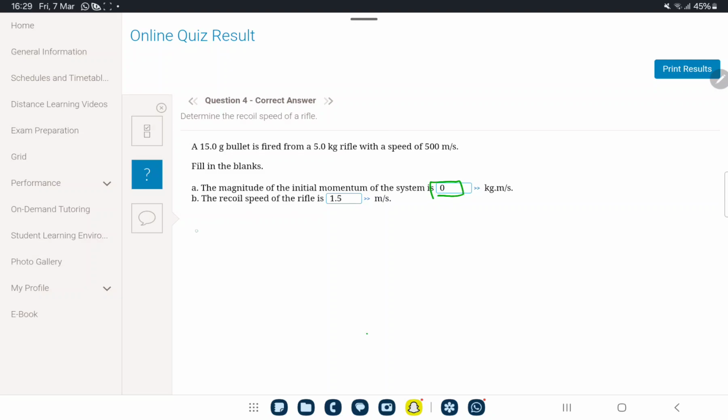And then the recoil speed: m1 v1 plus m2 v2 equals m1 v1 prime plus m2 v2 prime. So this whole part is the initial momentum. It's 0 equals m1. m1 is the bullet, 15 grams, you convert it into kilograms by dividing by 1000, so 0.015 kilograms.